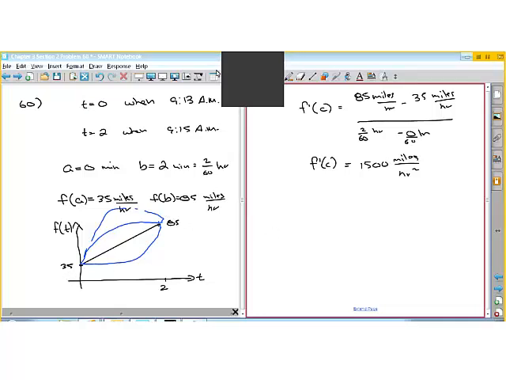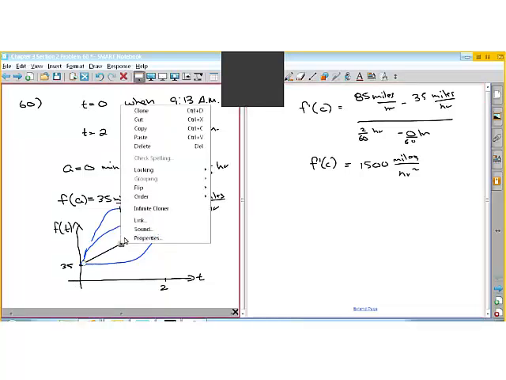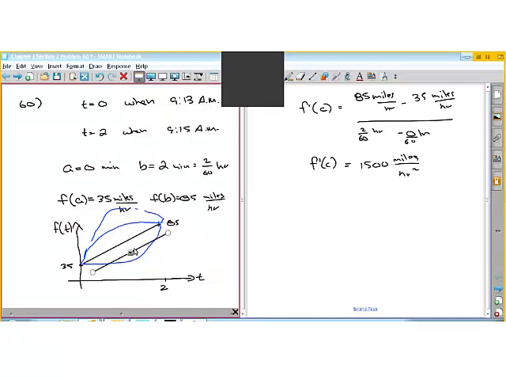So just like the theorems before, if we take the average value, which is this slope, and we clone it, this is the average change in velocity divided by the time. It's actually the change in velocity divided by the difference in time. This is the average value.